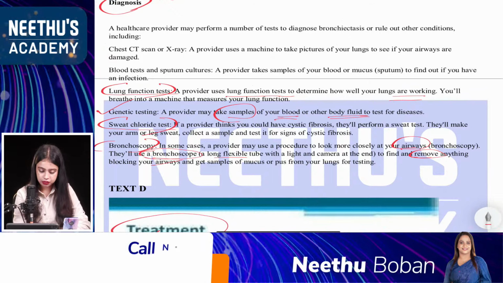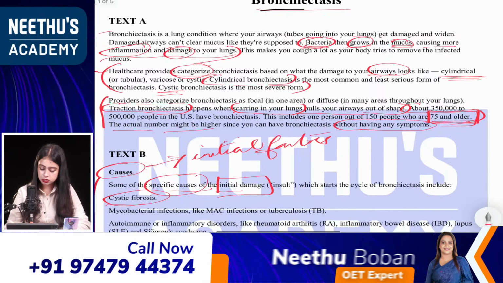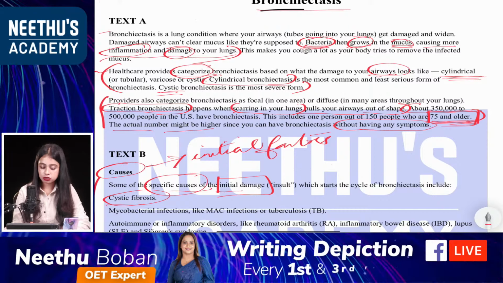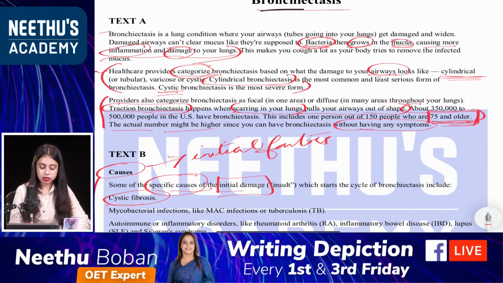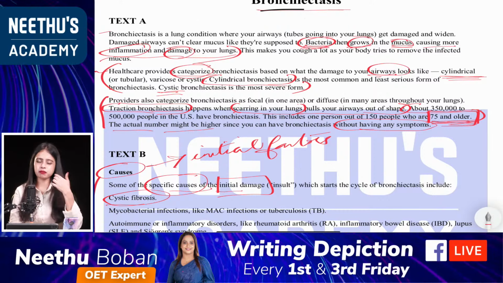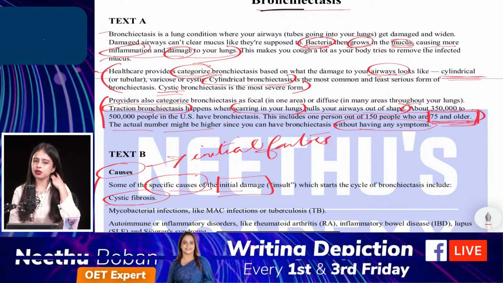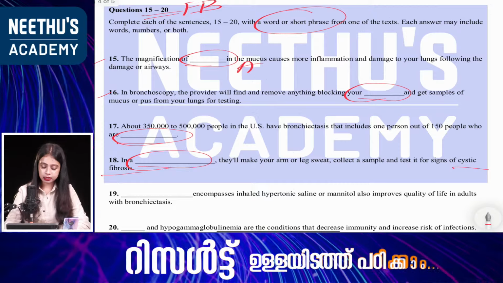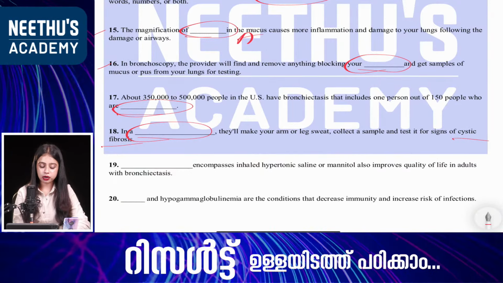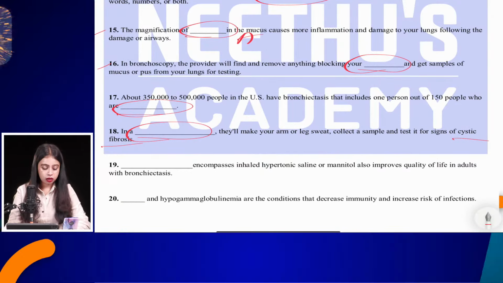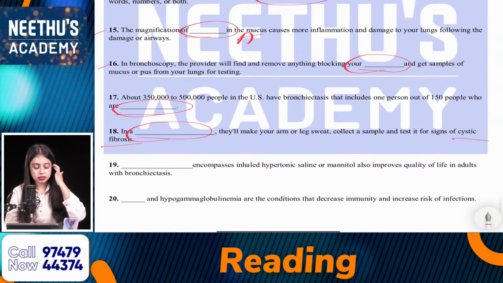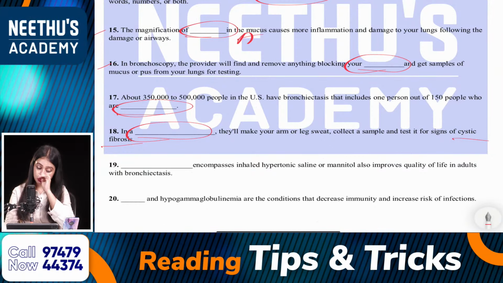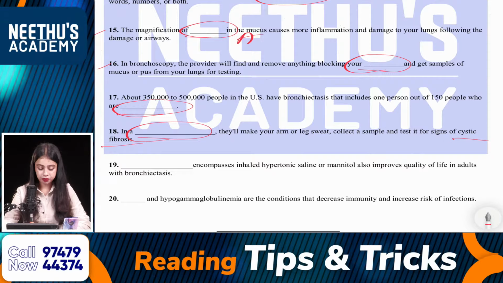Okay dear, actually it is not 75 and above; here it is 75 and older. So instead of above you can write older. Whatever is mentioned there, you can write that. It will be better. Yes, sweat chloride test. Okay, a lot of correct answers. Yes, Jissa, Vaishnavi, Reshma, Anu, yes, sweat chloride test.